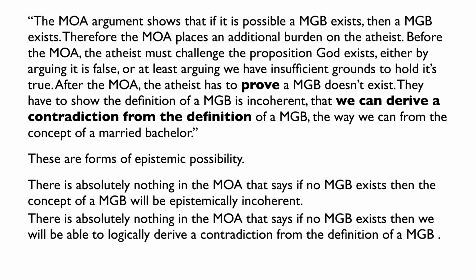So as a result of that, the atheist does not have to demonstrate that it is epistemically impossible a maximally great being exists. The atheist must demonstrate that it is metaphysically impossible a maximally great being exists.